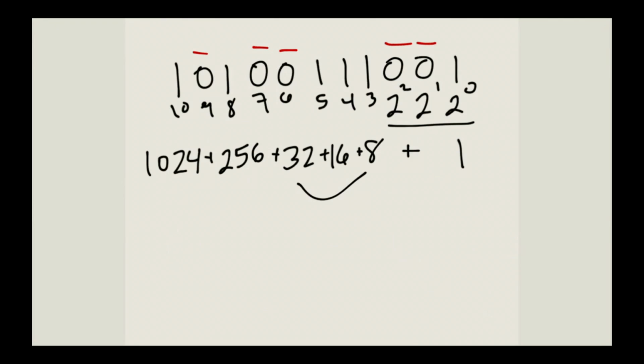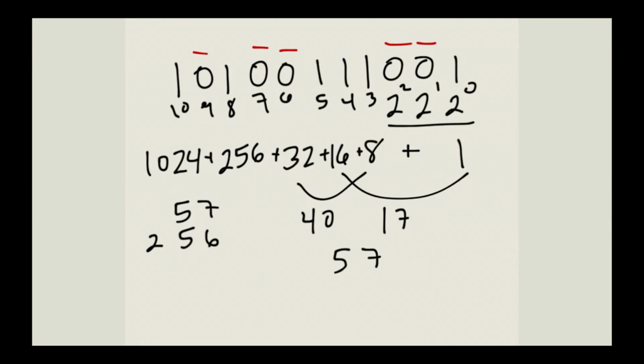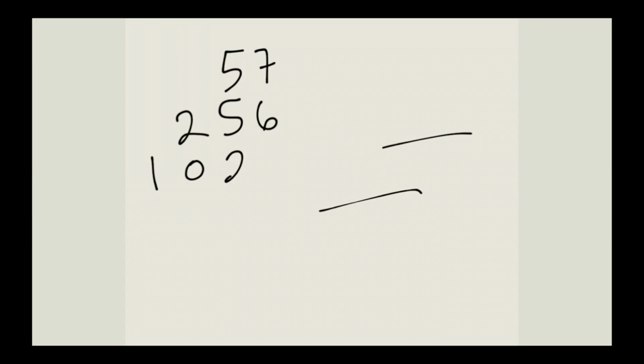So I like doing the small numbers first because I find that easier. I like 32 and 8 because they go together pretty easily and we get 40. 16 and 1 get 17, then we get 57. And then we can do the rest of this. So we can do 57, 256, and 1024.